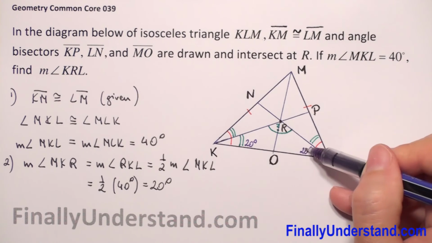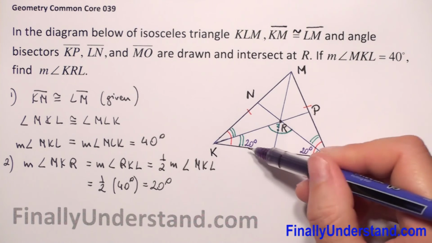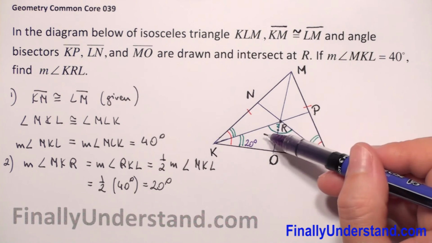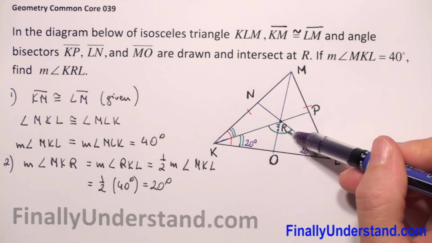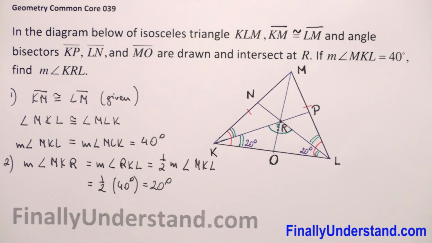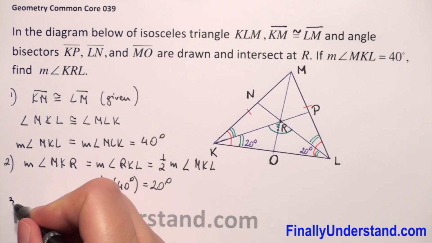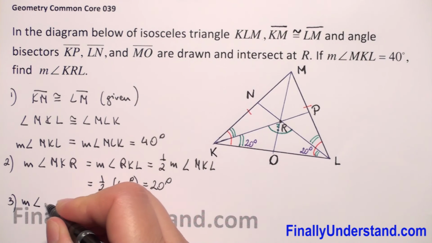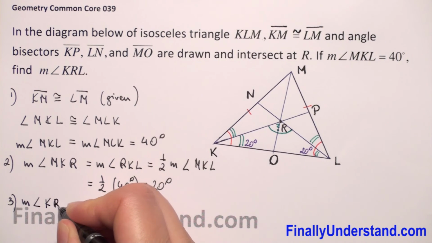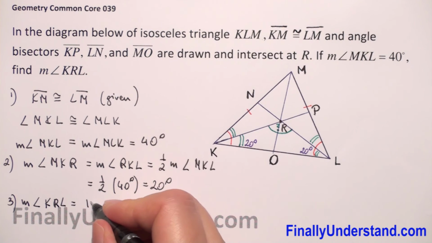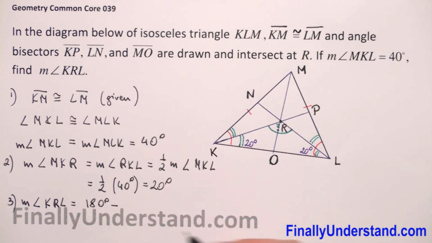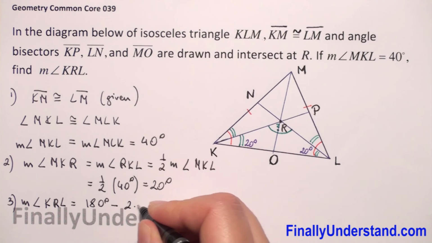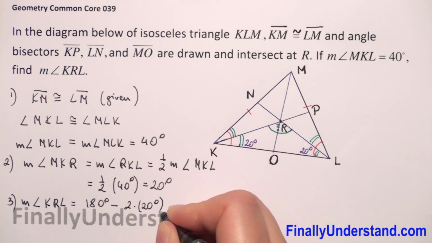So when we have these two angles, and we know that the measure of the interior angles of a triangle is 180 degrees, we can find this angle. So the last point, the measure of angle KRL, will be 180 degrees minus these two angles, 2 times 20 degrees.